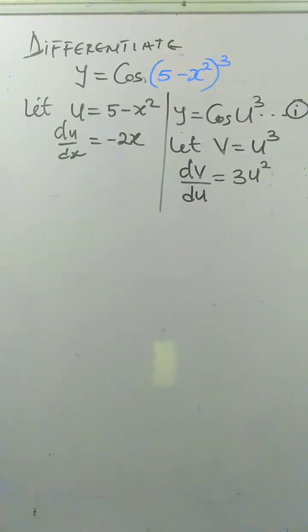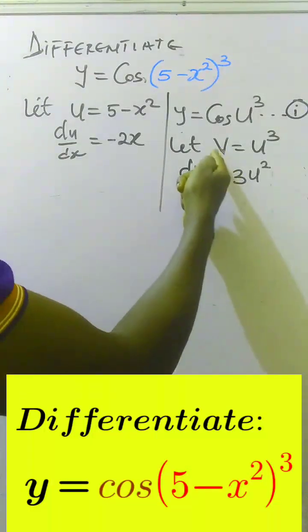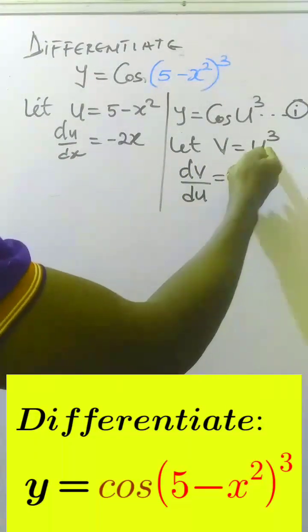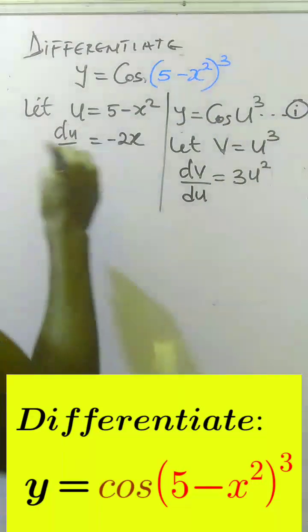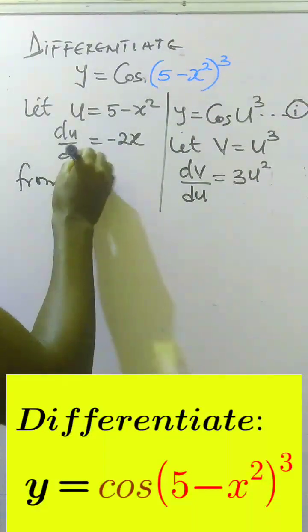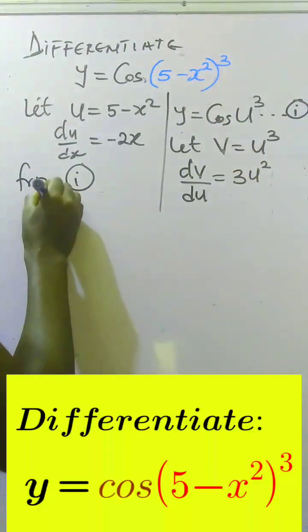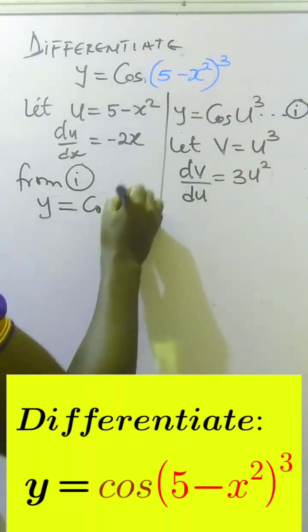Can you see that? Okay, so again, let's look at the implication. If v is taking the place of u cubed, what will happen to this equation? It simply means that from equation 1, y is equal to cos v.